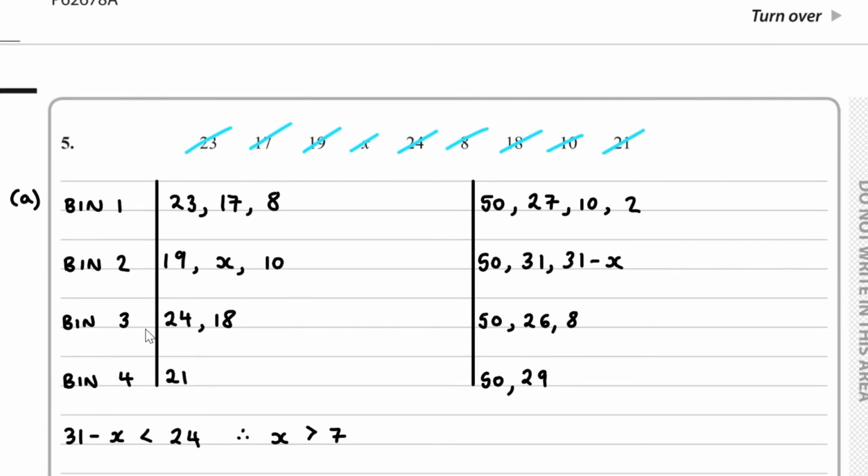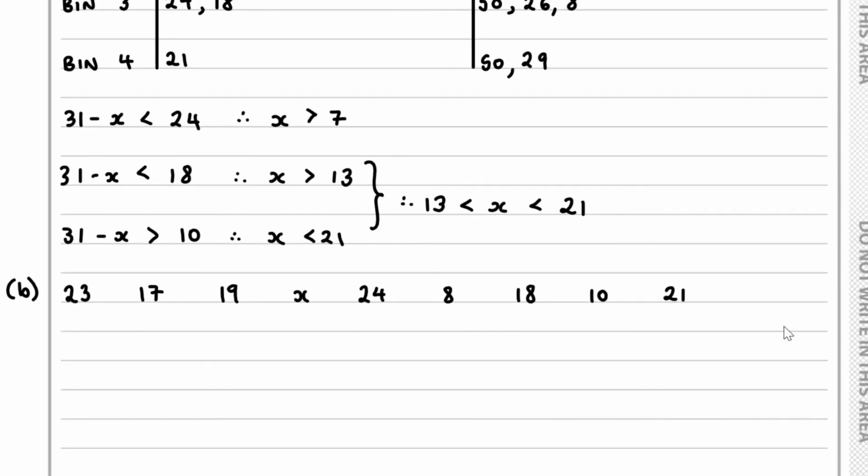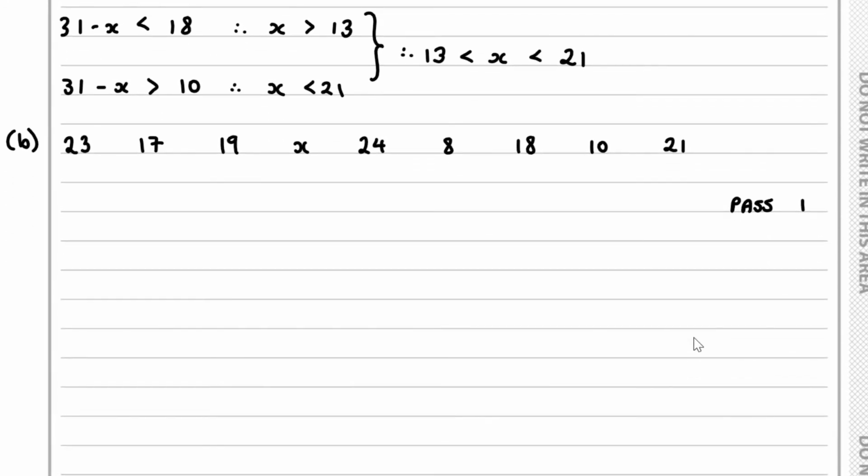So here we've got our original list, and let's complete the first pass and write down the inequalities as we see them. So first of all, we compare 23 with the 17. Do they need swapping? No, they don't.